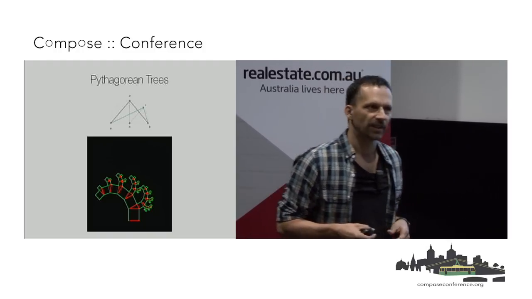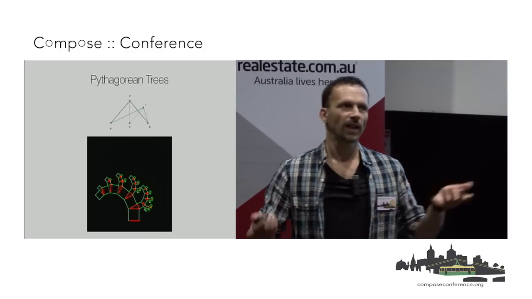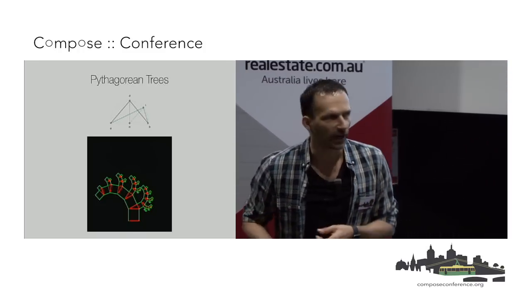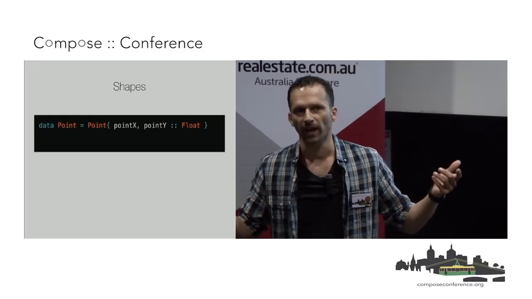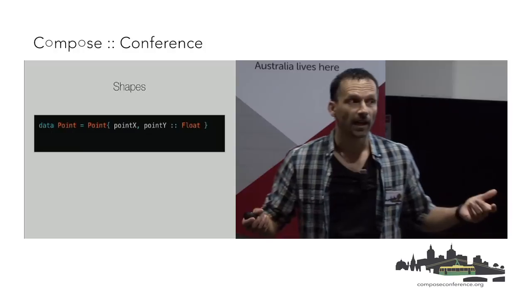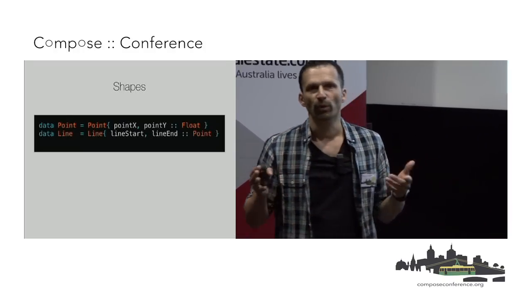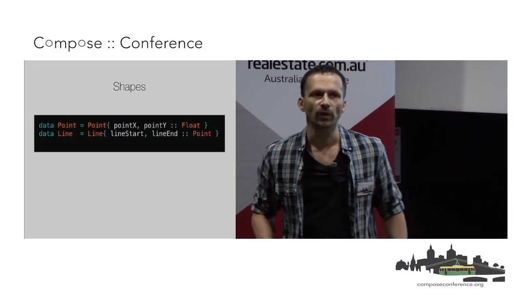So to program this thing in Haskell, well, we need a simple graphics library, right? So let's start with points as a pair of two numbers, and then a line as 2 points with a starting and an end point.